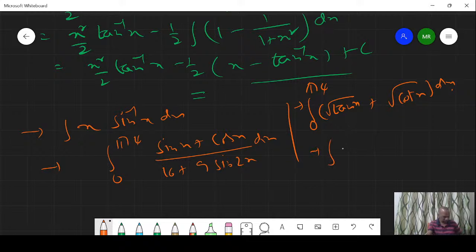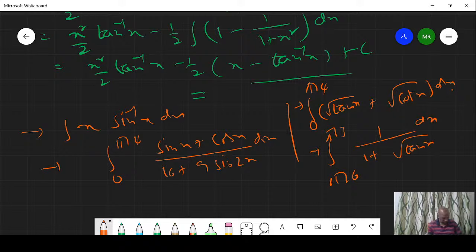Again, the problems I am going to discuss tomorrow. Integral pi by 6 to pi by 3 of 1 by 1 plus root tan x dx.